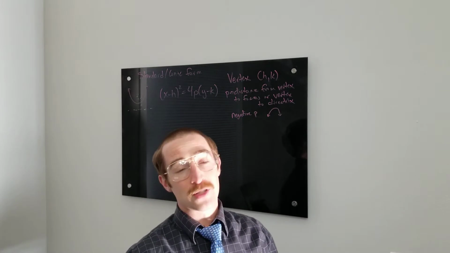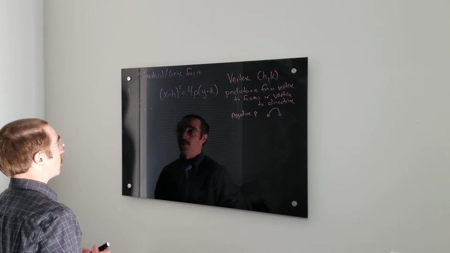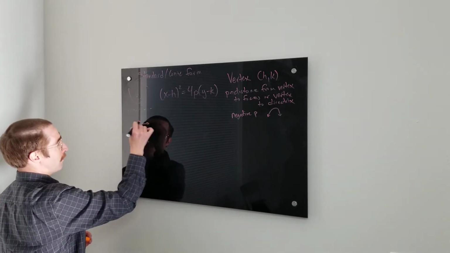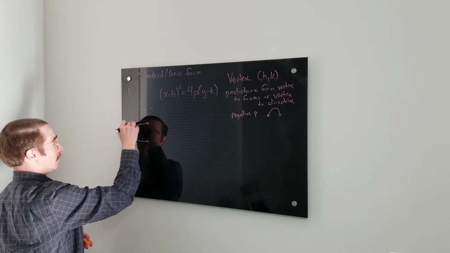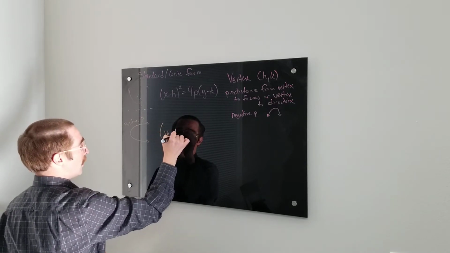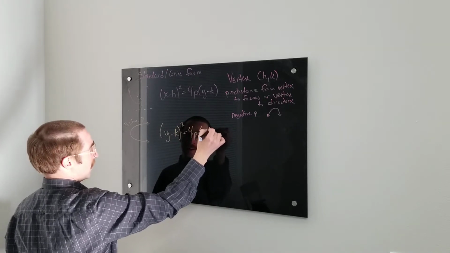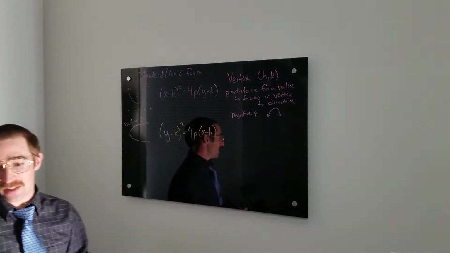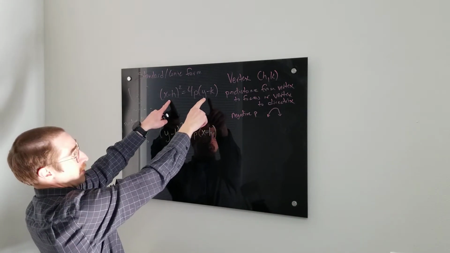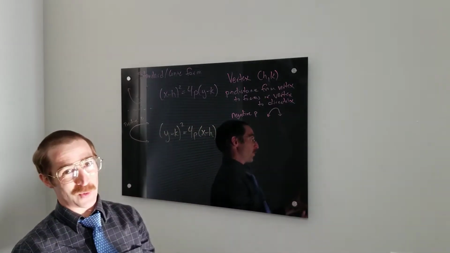Moving on to a horizontal axis. If we want something with a horizontal axis that looks like this, this is for positive p, this is y minus k squared equals 4p times x minus h. Basically, you just switch the x minus h and the y minus k, they switch spots, so now the y part is getting squared.